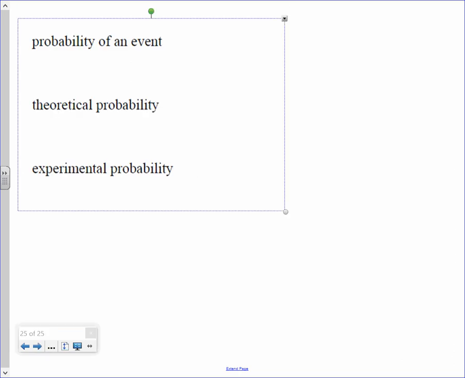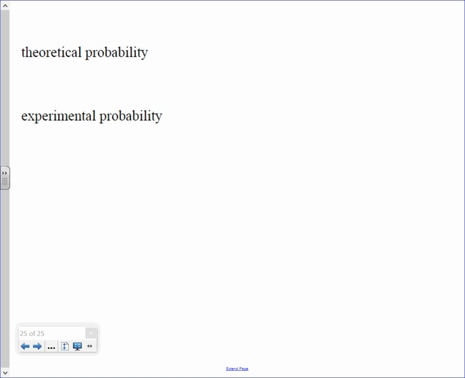Theoretical probability is, I'm going to give you a formula. I'm going to put equals.